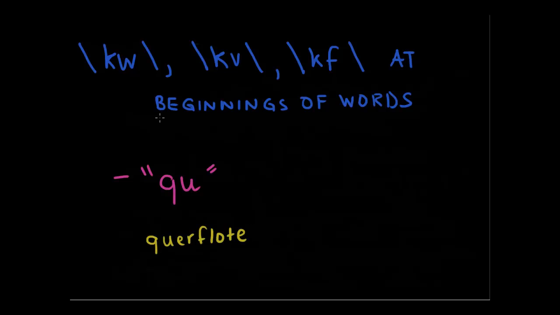Now this is KW, or Quersprung. Now this is KV, and it's also Quersprung with the KF. So it's both. But again, if you run into kwa, kva, kfa at the beginning of words, it's going to be a QU.